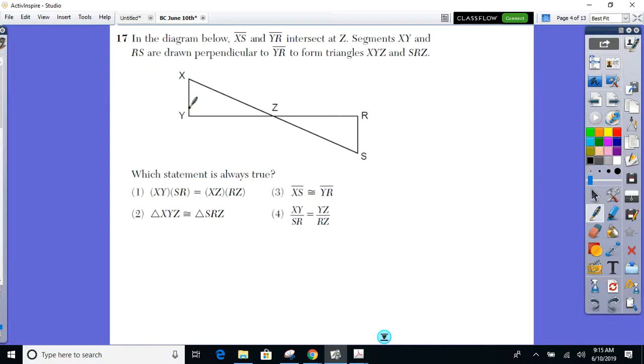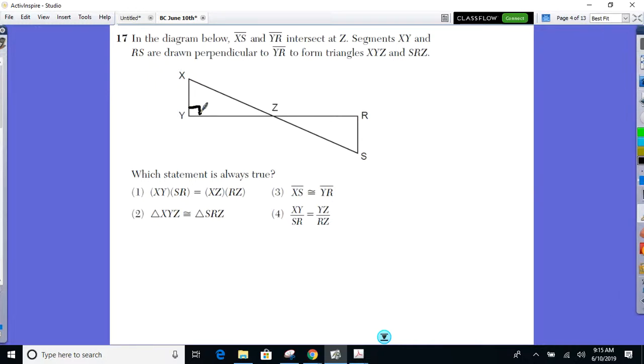I have perpendicular lines, XY and RS are both perpendicular to YR, so they form right angles. Which statement is true? Who is a tough one? Anything else you can mark on your diagram? There should be one other marking you can make here. Come on.